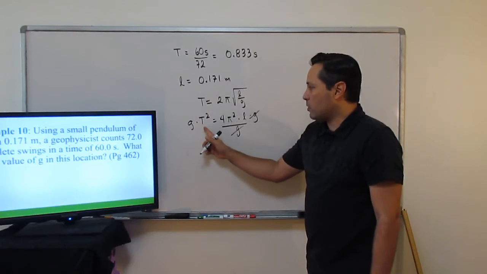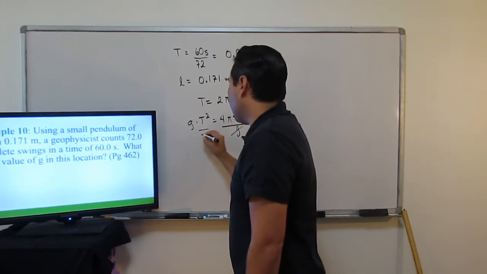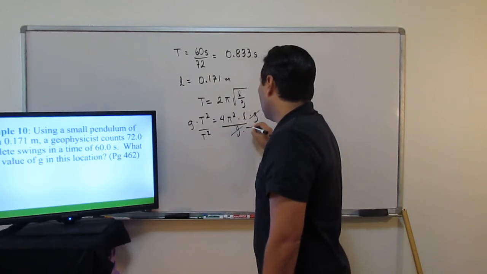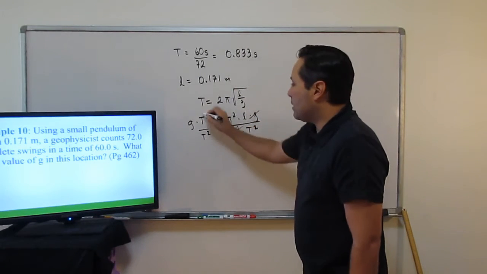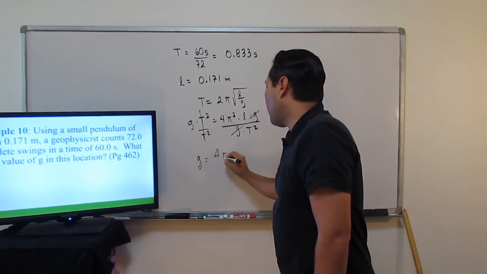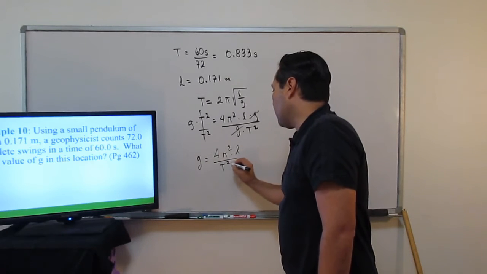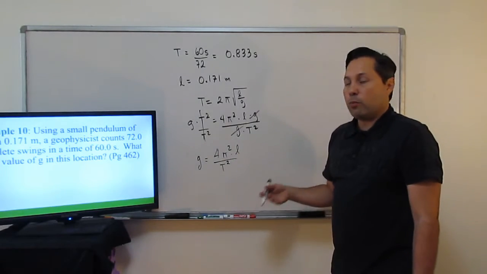And next I want to isolate the G, get rid of the T squared, so I'm going to divide both sides by T squared. That gives us G is equal to 4 pi squared times L, the length, over the period squared. Alright, so that's our formula for G.